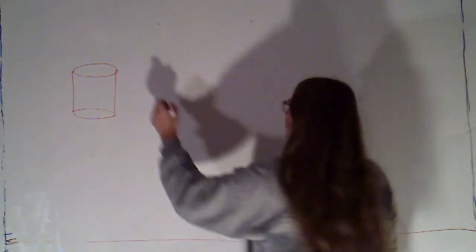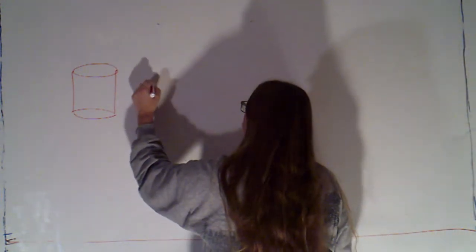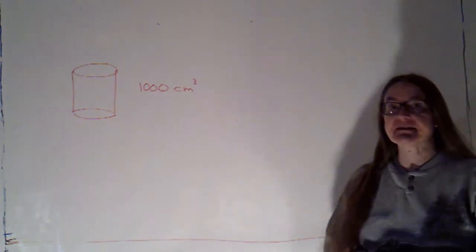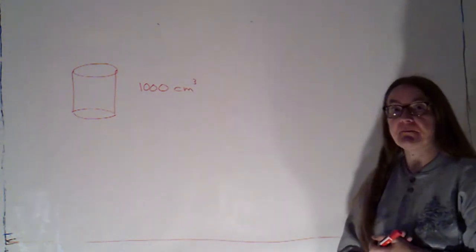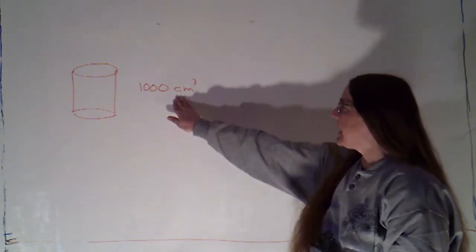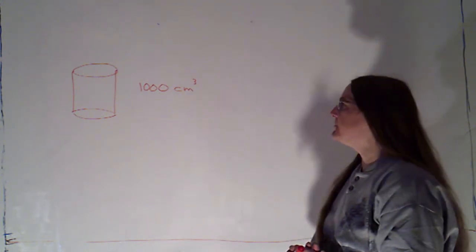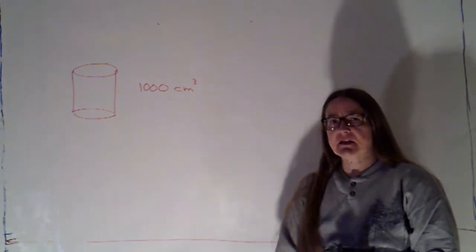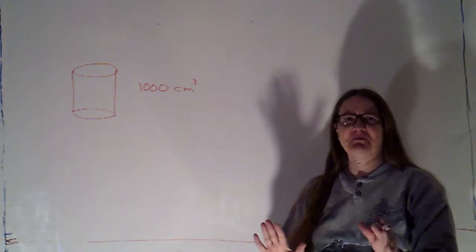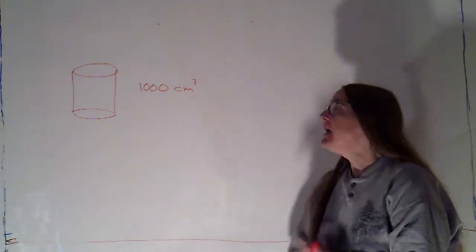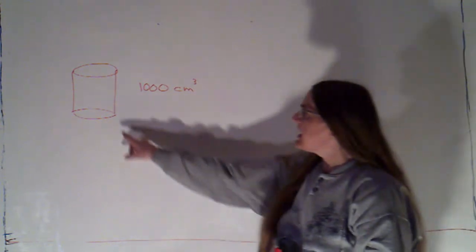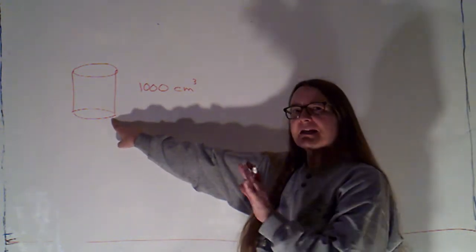They're manufacturing them for government specifications, so they have to contain 1,000 cubic centimeters of liquid. That's what they're trying to do, manufacture cylindrical containers that contain this amount of liquid. Now, being smart business people, they realize they can minimize their costs if it requires less material.